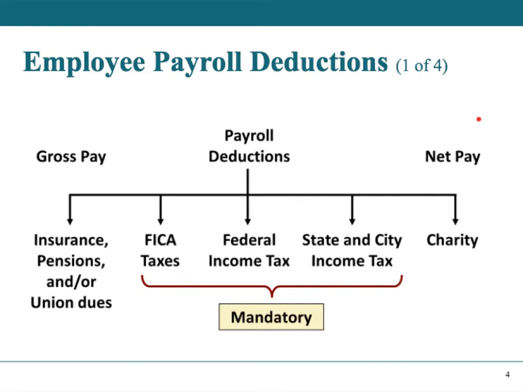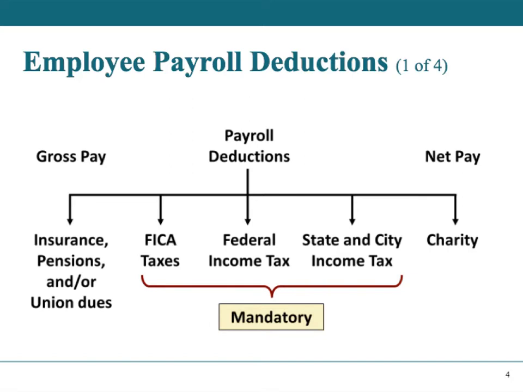Why? Because there are some payroll deductions that have to be withheld, and you will end up with net pay, the remaining dollar amount. Payroll deductions could be either mandatory, so they have to be withheld, or voluntary, so they don't have to be withheld.